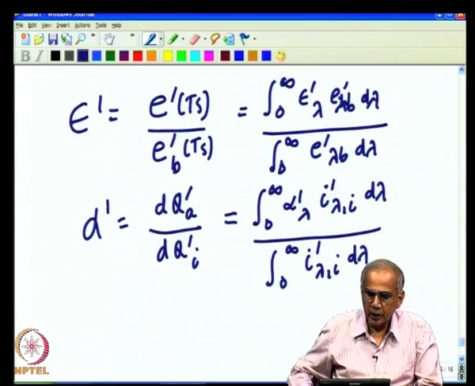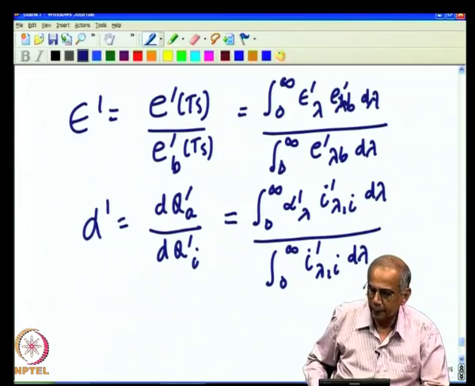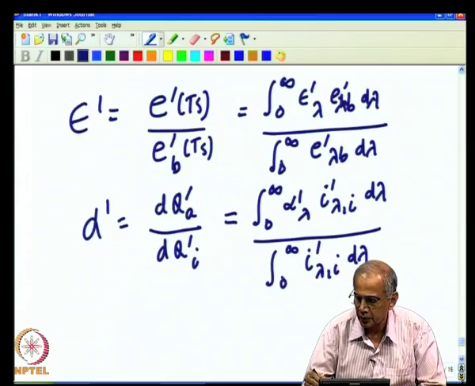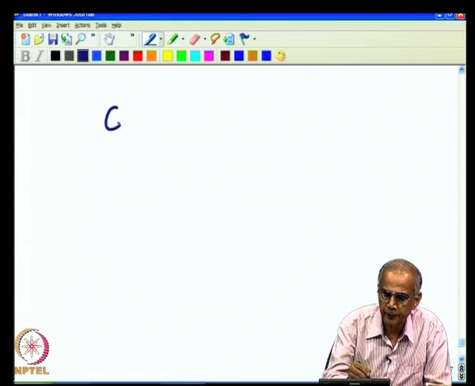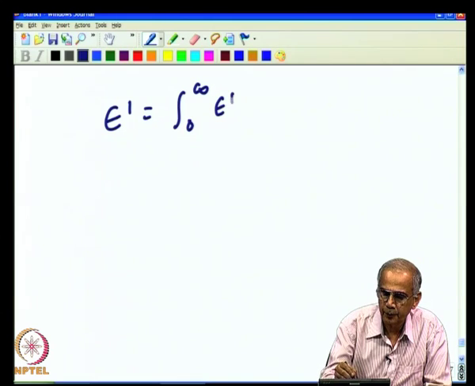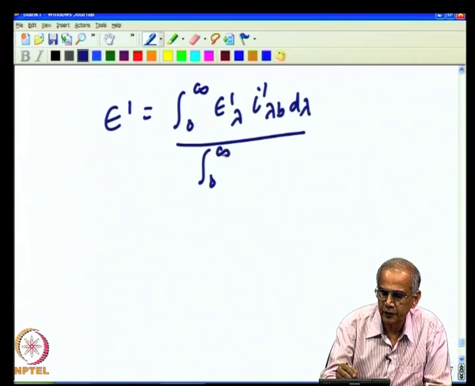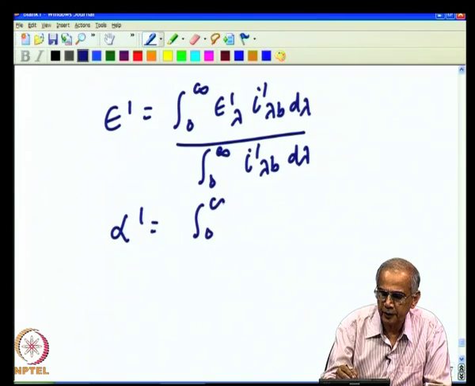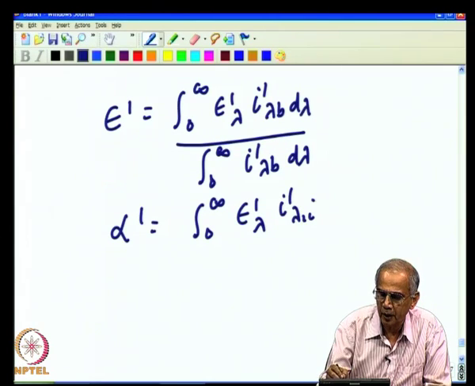Now, to compare these two and see when you can apply Kirchhoff's law for this kind of situation, I will first write epsilon prime as the integral from 0 to infinity of epsilon prime lambda I prime lambda b d lambda, divided by the integral from 0 to infinity of I prime lambda b d lambda, and alpha prime, using Kirchhoff's law, as the integral from 0 to infinity of epsilon prime lambda I prime lambda i d lambda, divided by the integral of I prime lambda i d lambda.